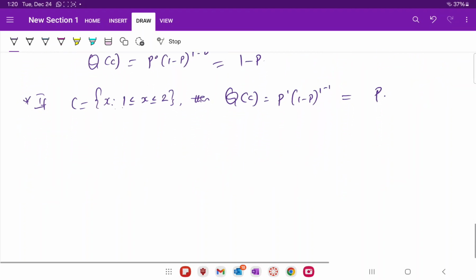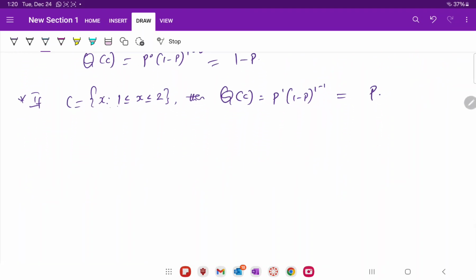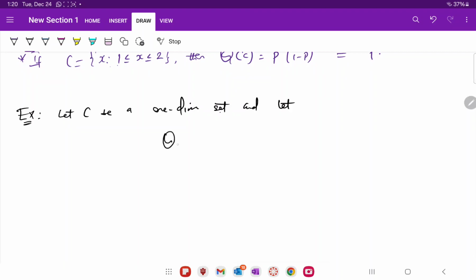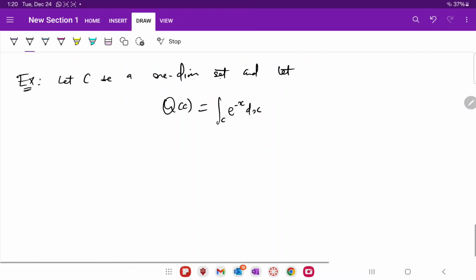Okay, let's check for the integral. Another example, let's say A be a one dimension set, and let Q of C be equal to the integral over C of exponential minus x dx.